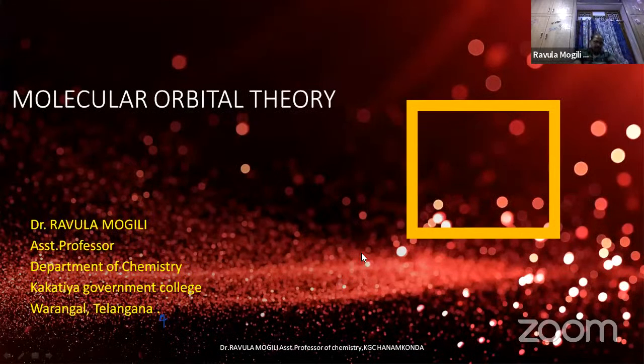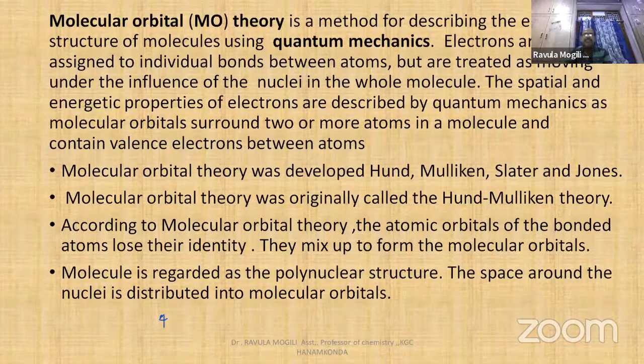Now the most important thing, molecular orbital theory. What is meant by molecular orbital theory? Why should we learn molecular orbital theory? Some of the characteristic properties of molecules cannot be explained by using valence bond theory.